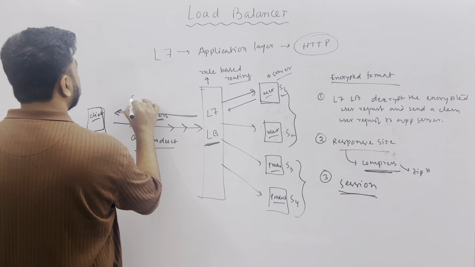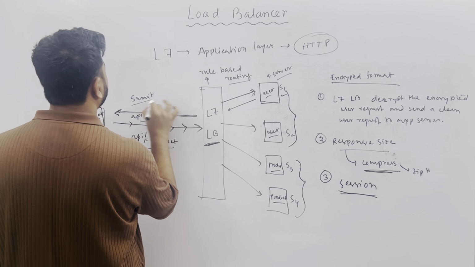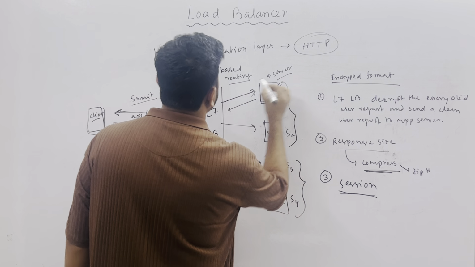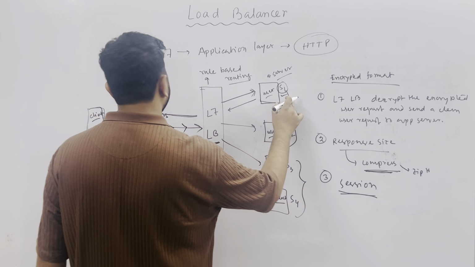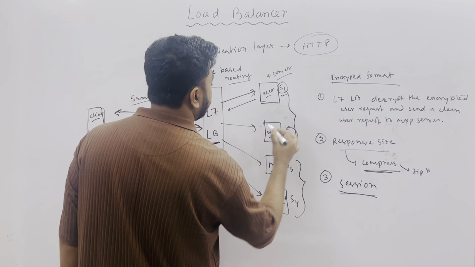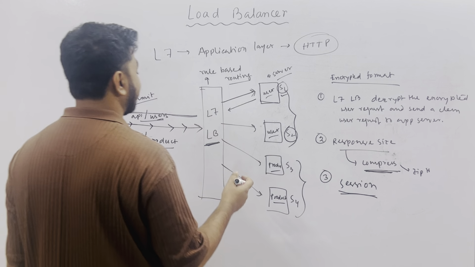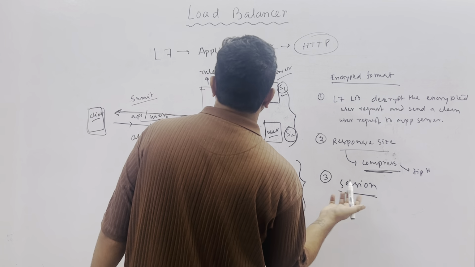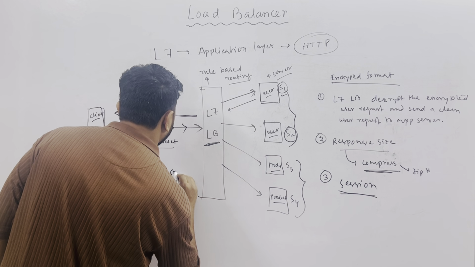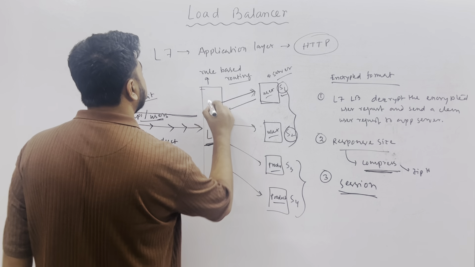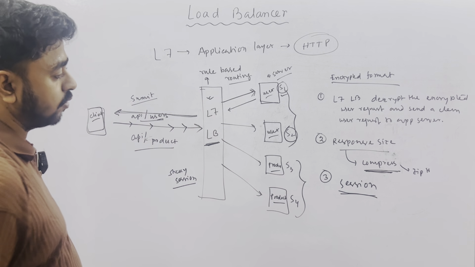Suppose Sumit is logging in from his ID, and his request is sent to S1; it will always go to S1 and never come to S2, because sometimes we have to maintain session data. We saw sticky session in the previous lecture. These sticky sessions can be implemented in an L7 load balancer, not in an L4 load balancer.